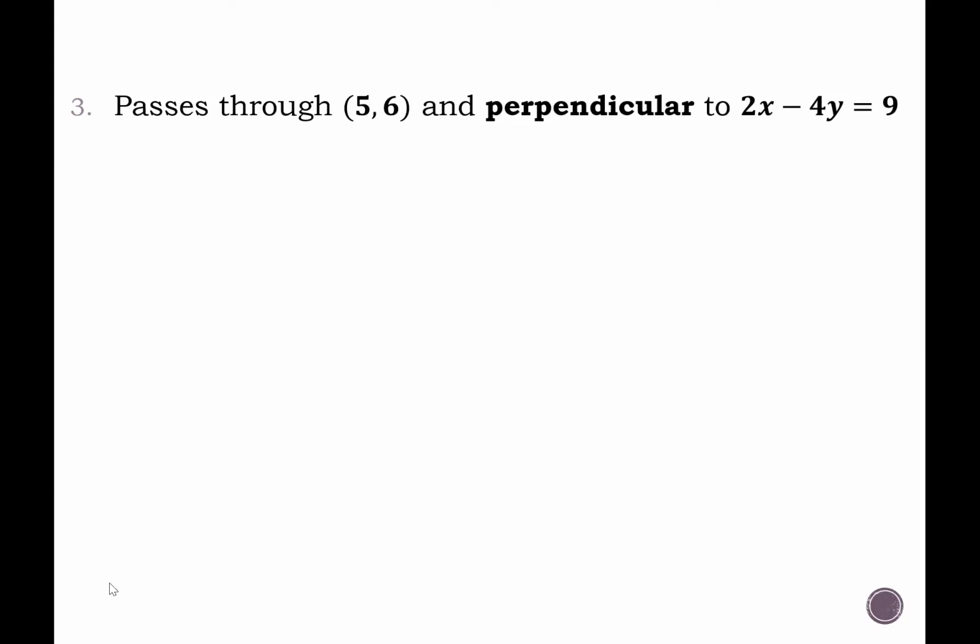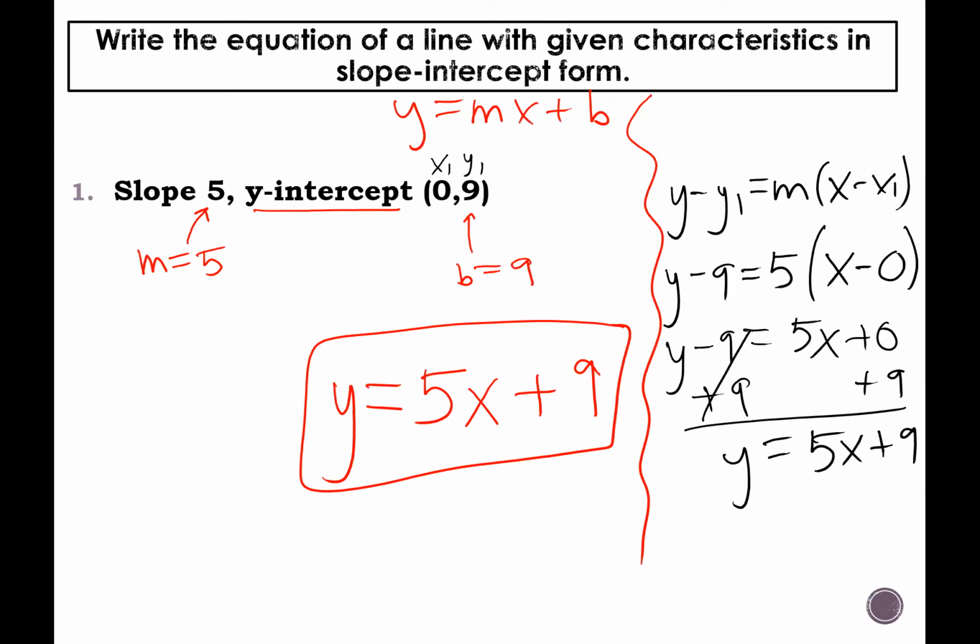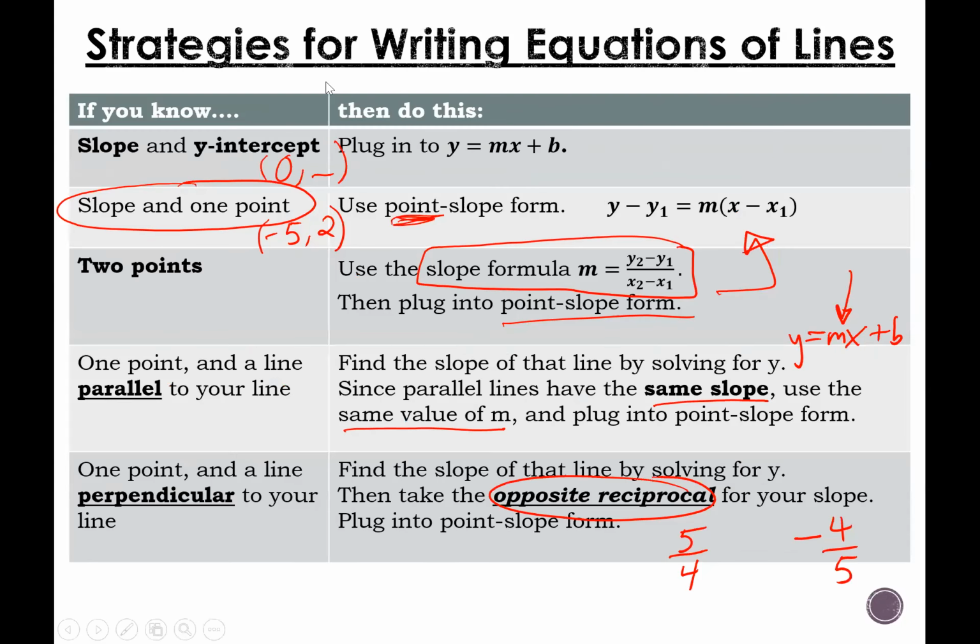All right, so let me take us back a few slides to remind us, how are we supposed to do this? So earlier in the notes, we had this chart that said strategies for writing equations of lines. This is actually the last one in that table. We have 1 point and a line perpendicular to your line. So what do we do? It says find the slope of that line by solving for y.